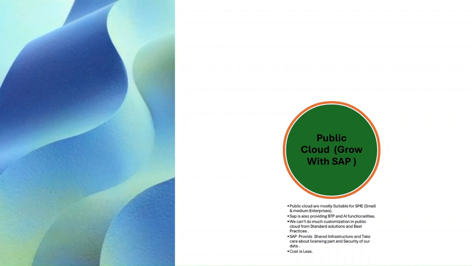So first of all, let's just talk about what's a public cloud. Public cloud is mostly suitable for SMEs, small and medium enterprises. Small and medium enterprises and businesses are best suited for public cloud.